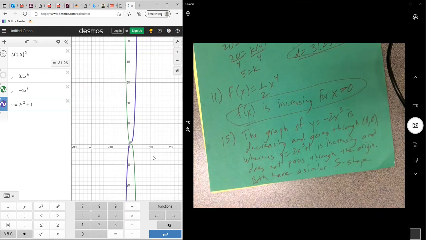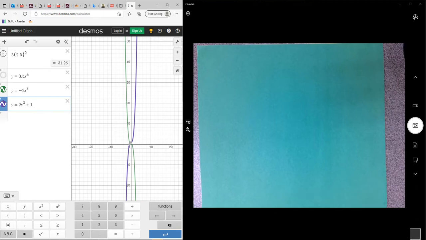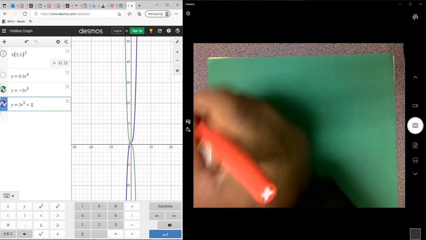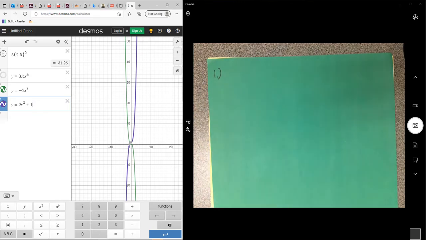Now we're going to go over to section 4.9, which is on pages 470 to 471, and it's 1 through 9 odd. We're going to go through a few of these problems, starting with problem number 1.